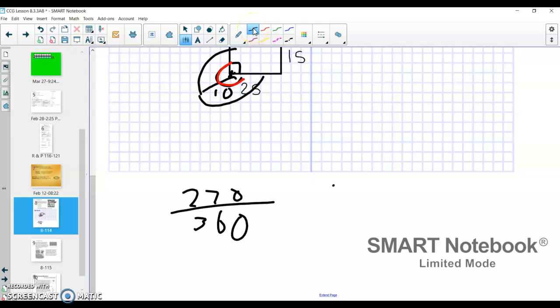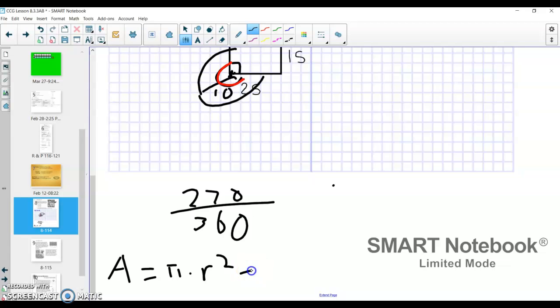The first thing I need to do is find the area of the entire circle, which is pi times the radius squared. 10 is my radius because it's the length of my rope, and it's what would create the circle or the sector.